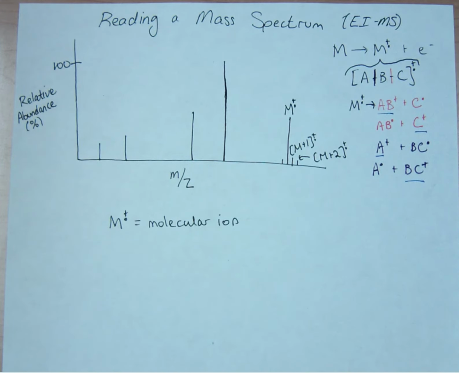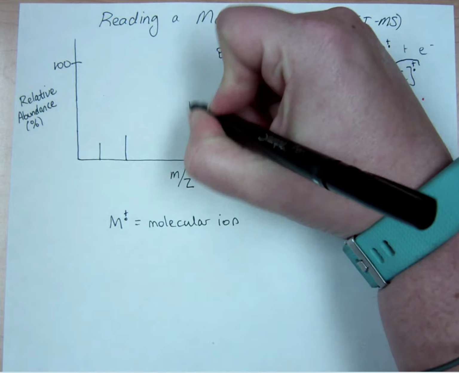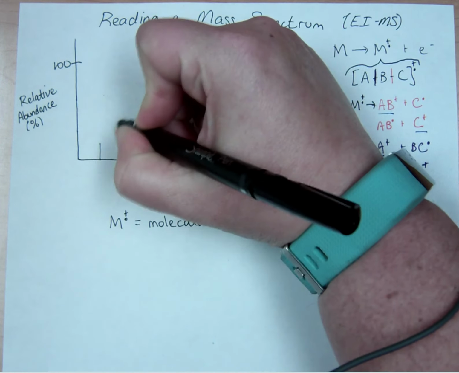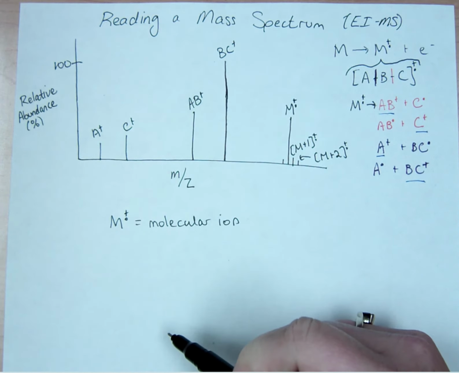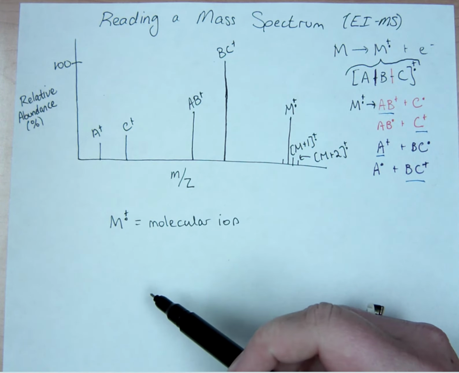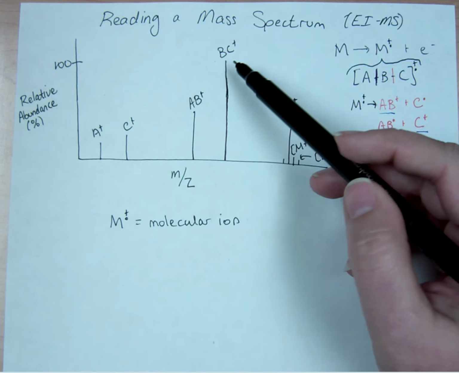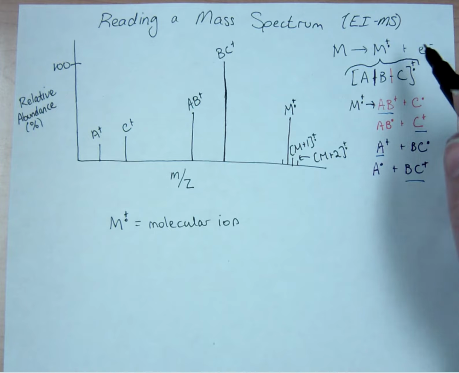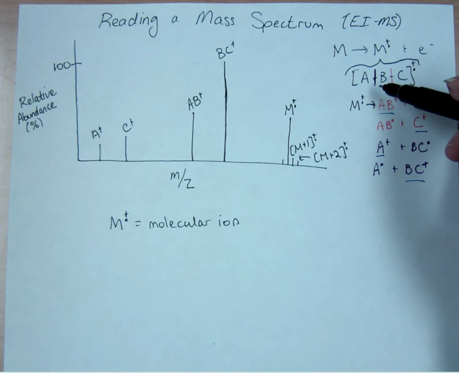So as I look at these fragment peaks, perhaps this is BC plus, AB plus, C plus, and A plus. And what this is going to tell us is that our most common fragment is the BC+. This means that this is probably the weakest of our bonds, and the A that comes off is going to be the most stable.